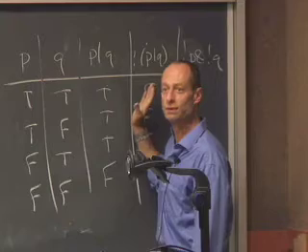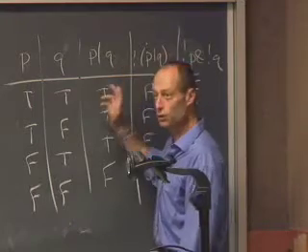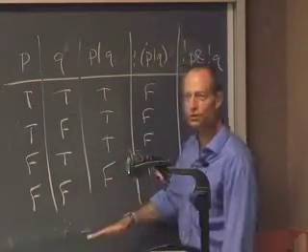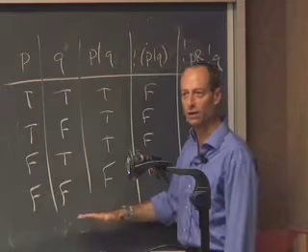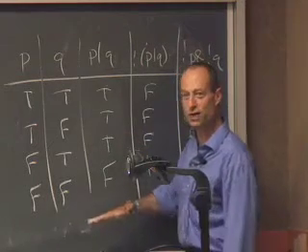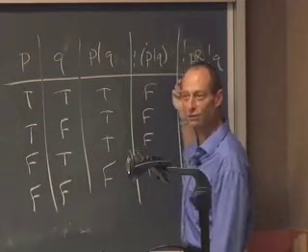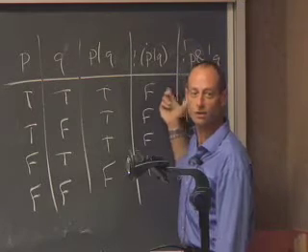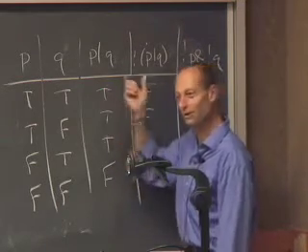It's 2 cubed. So there are 2 cubed rows in the truth table for something with P, Q, and R. For each of those rows, there are 2 possible values: it could evaluate to true or to false. So it's 2 to the power 2 cubed.